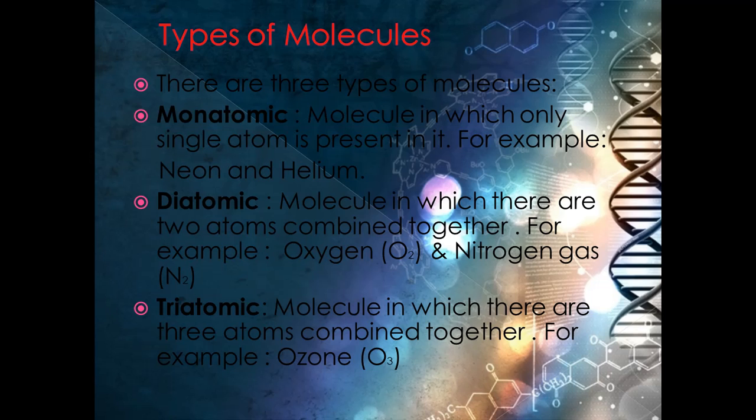While the diatomic molecule has two atoms combined together, for example oxygen O2 and nitrogen gas N2. Then the triatomic molecule has three atoms combined together, for example ozone. You know very well that ozone is the protective layer which protects us from ultraviolet rays coming onto the Earth.